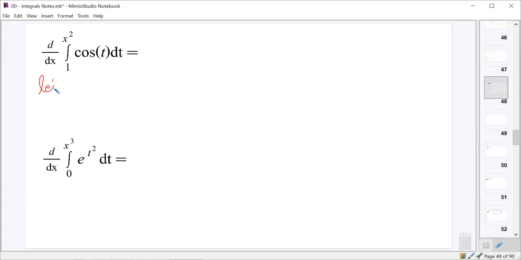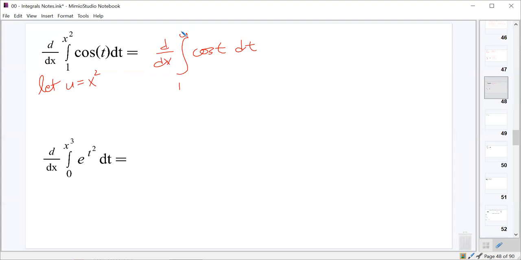If we let u equal x squared, then what we're now looking at is a derivative with respect to x of an integral from 1 to u of cosine t dt. Well, how do I take the derivative with respect to x of something that is not in terms of x, it's in terms of u?